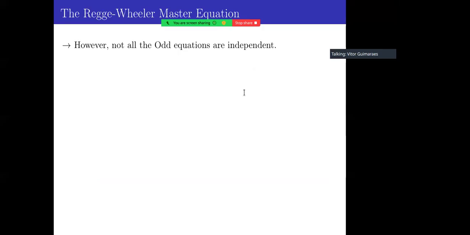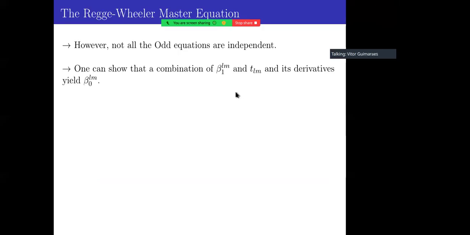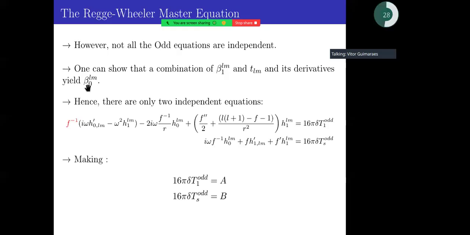It is possible to show that such a combination of the first derivative of beta 1 or t, I don't really remember which, summed with the other, yields beta 0. So beta 0 is a redundant equation, and we can just get rid of it. What is left for us are these two independent equations: this is beta 1, and this is t.